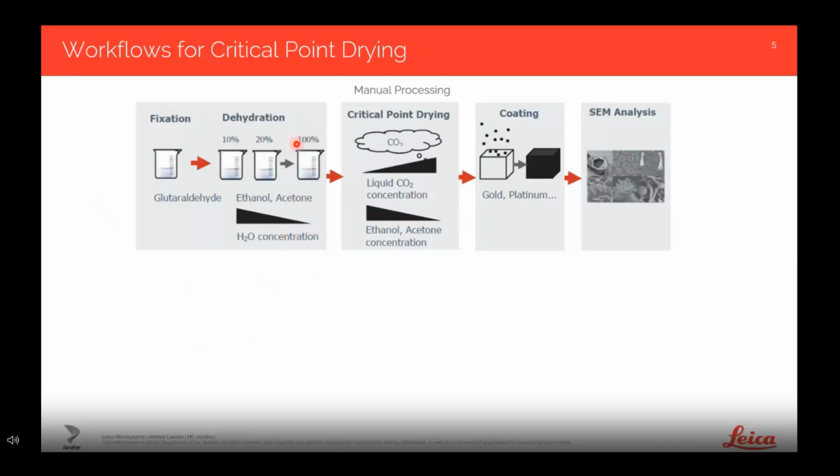Once we have a purely dehydrated sample in pure ethanol, we can then proceed with the critical point drying process. And then we can coat our sample, say via metal sputter, and then perform SEM imaging.